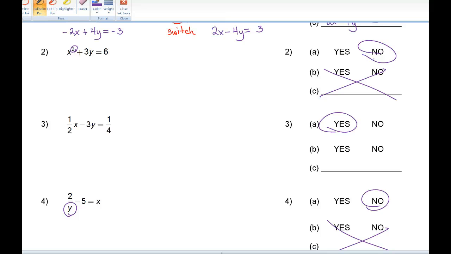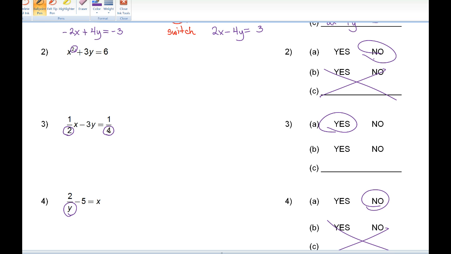So we want to think about how we can get rid of the fractions here. We have a 2 in the denominator and a 4 in the denominator. So you can multiply both sides by what to get rid of the fractions? Well, you can multiply by 2, but that's not going to get rid of the 4. If we multiply by 1, it's not going to really change anything here.